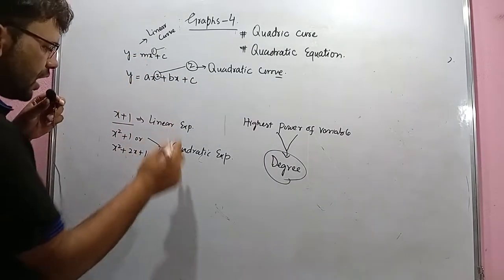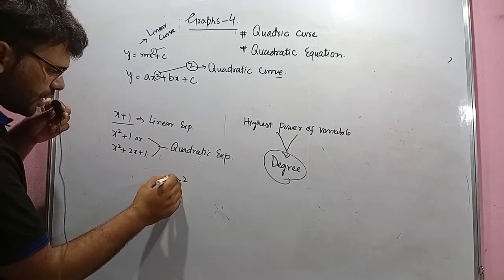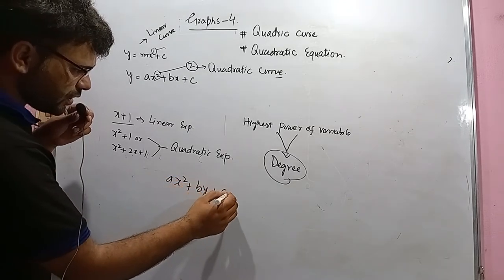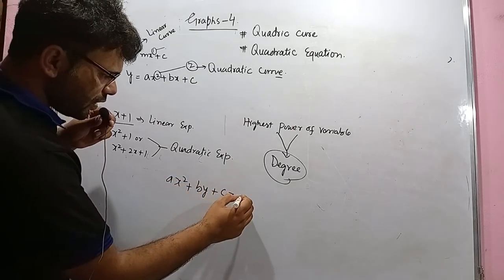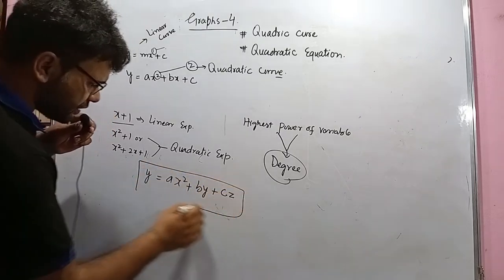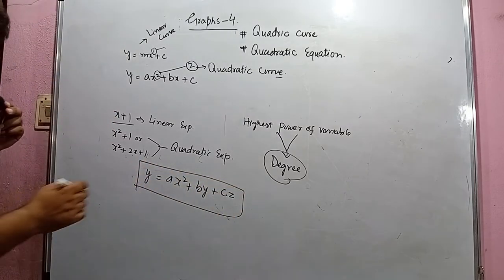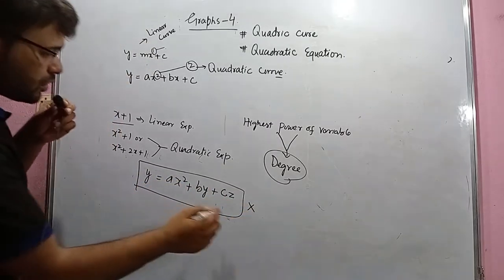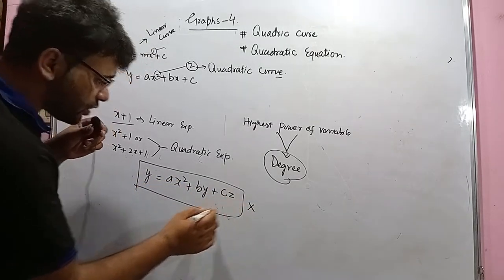And one more thing is there. For example, if we have ax square plus by plus cz is equal to y, like this, if we have an expression like this, it is not a quadratic curve. Why is this not a quadratic curve?